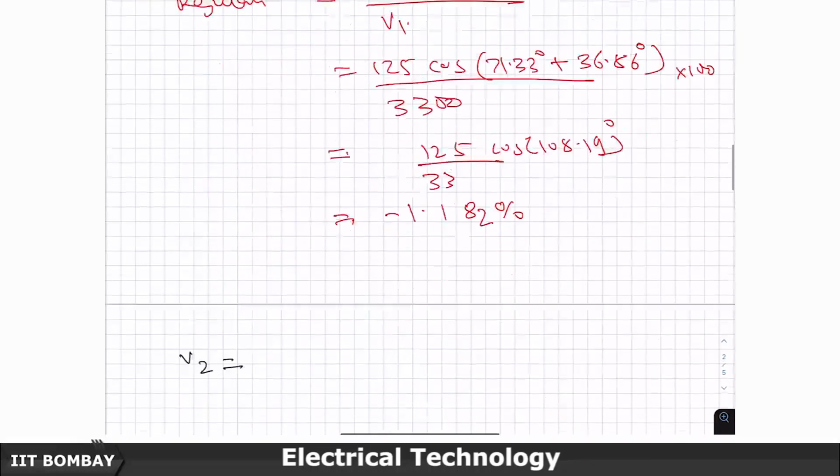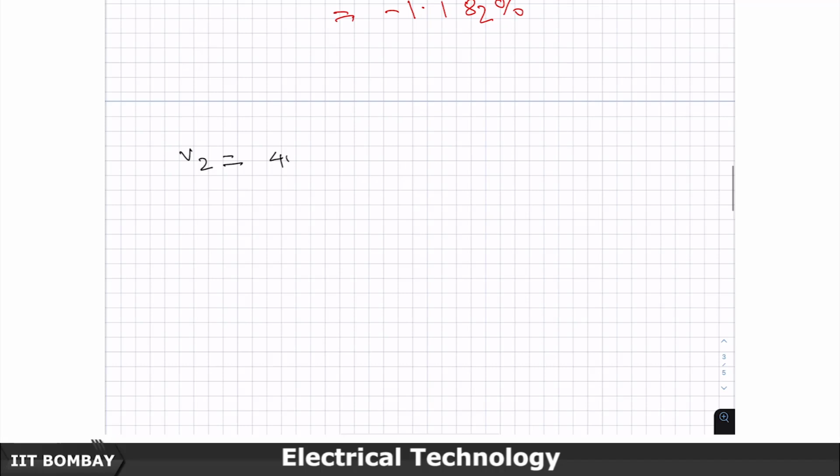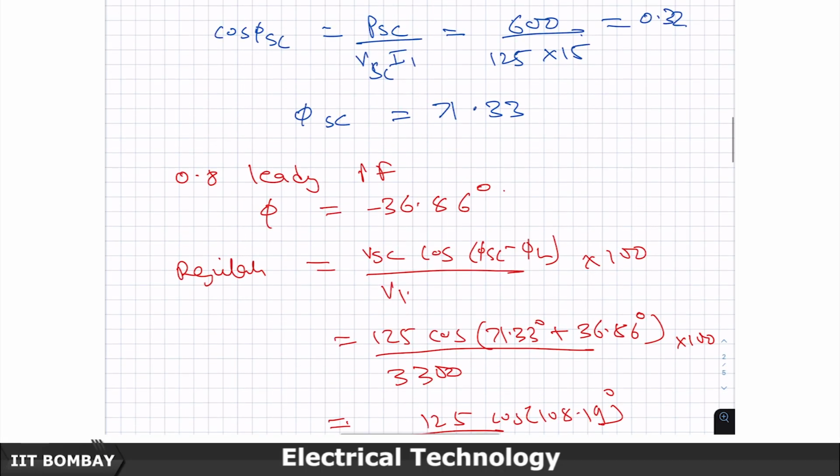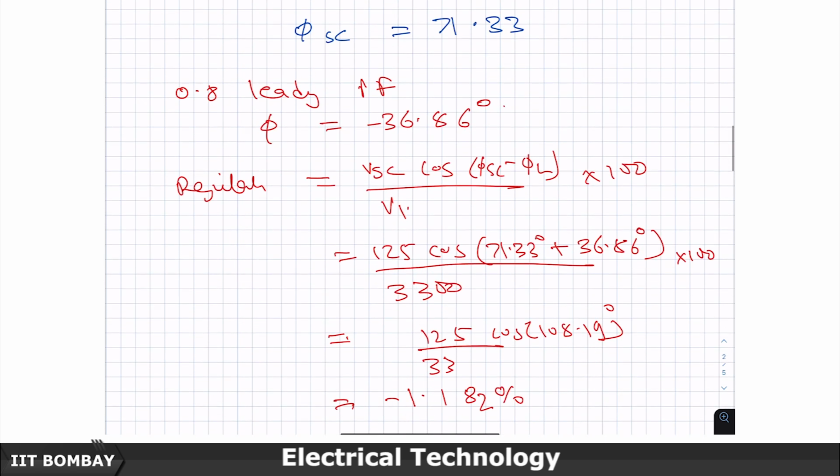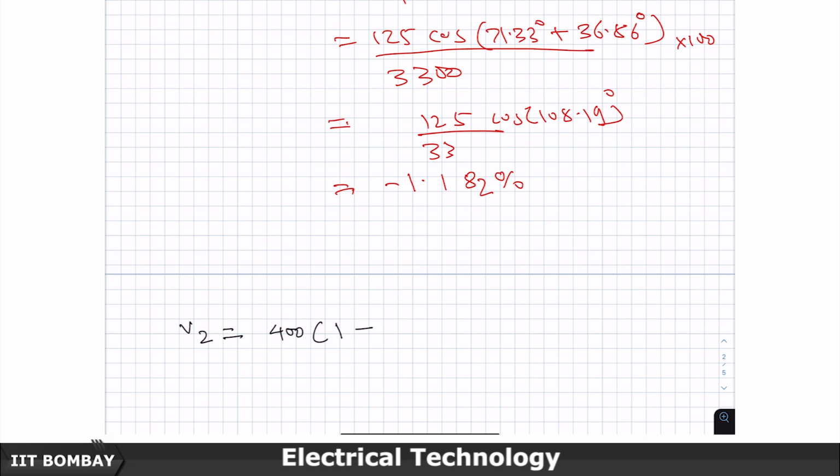So, the rated secondary voltage is 400 volts, times 1 minus the regulation value in per unit. In the first case the regulation value is 0.03122, so approximately 400 into 0.97, that is, 97% of the 400 volts will be available.